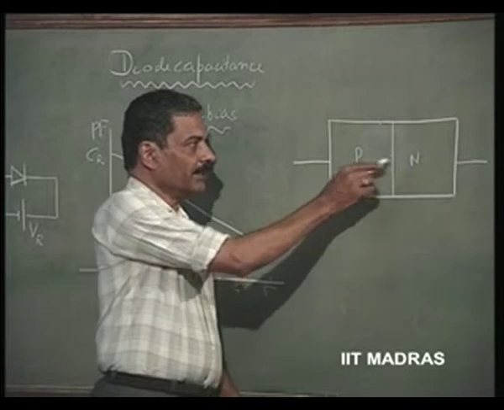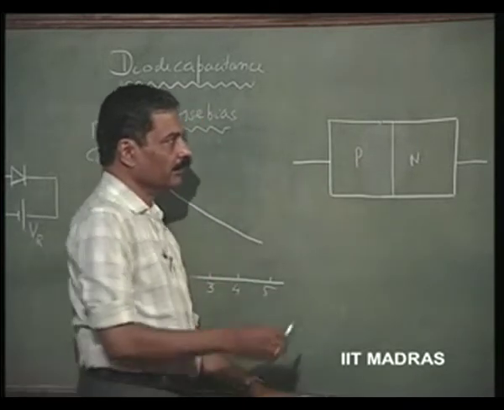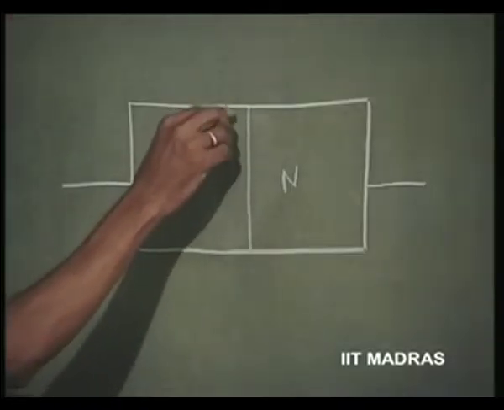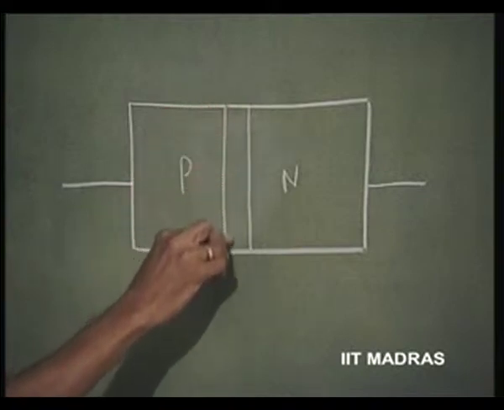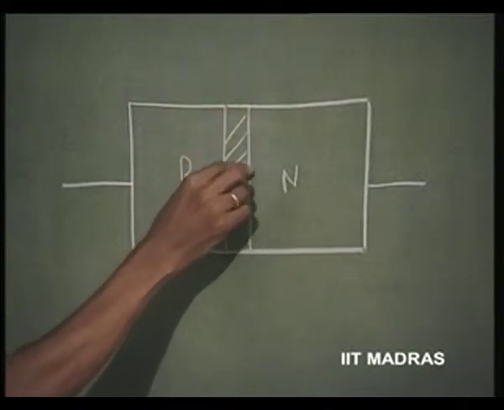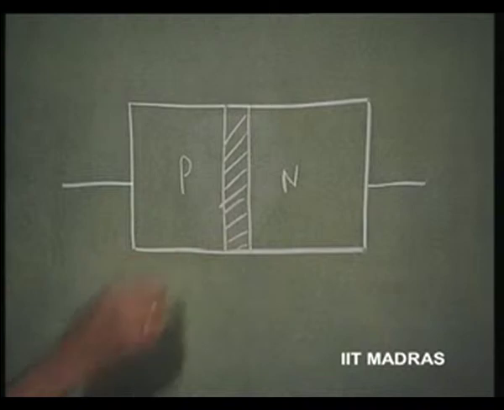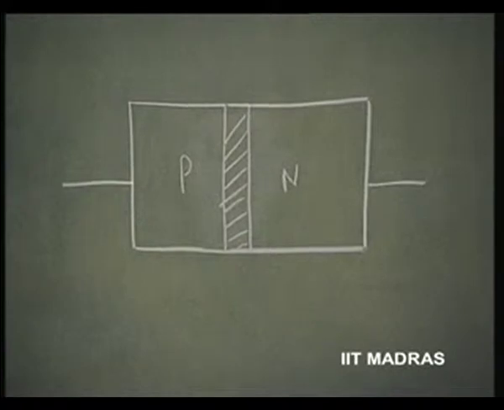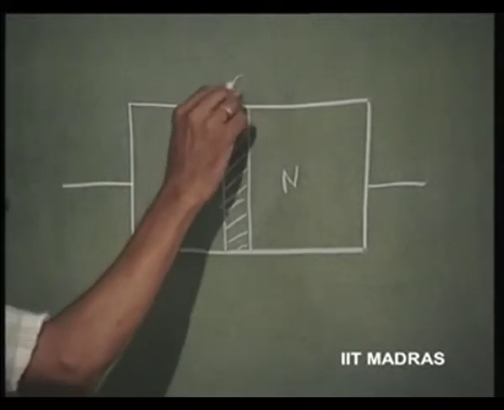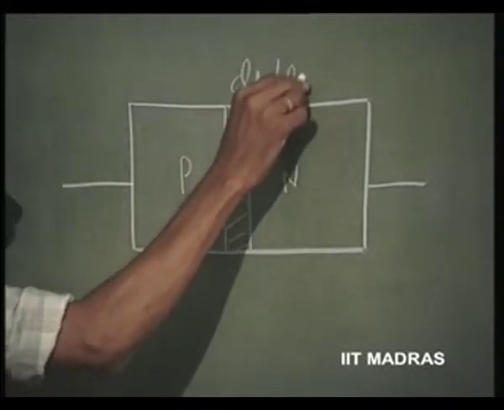When it is a p-n junction like this, at the junction we have a region depleted of carriers, free carriers. This region is called depletion region.